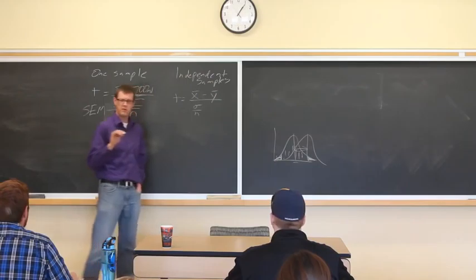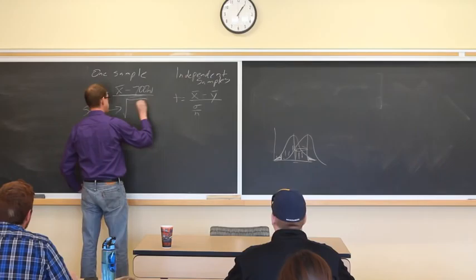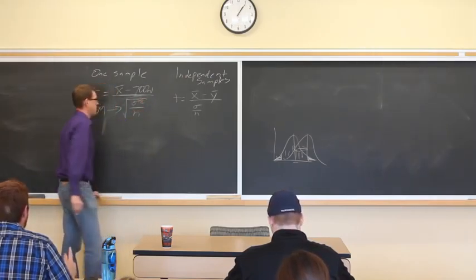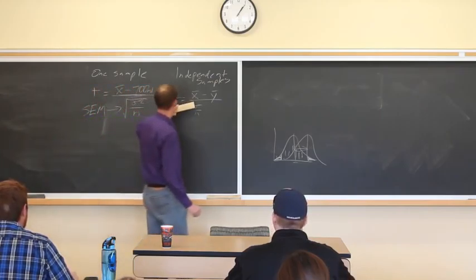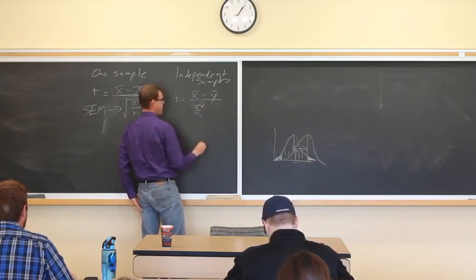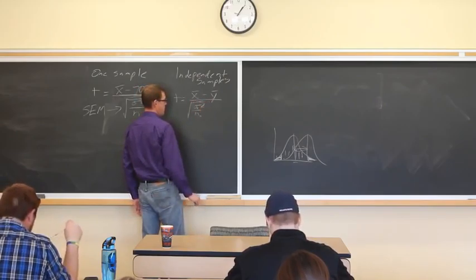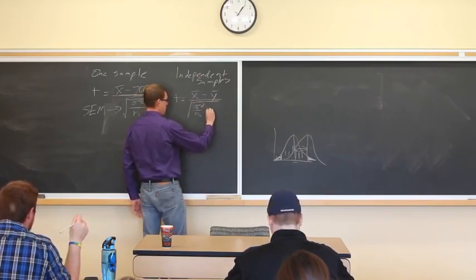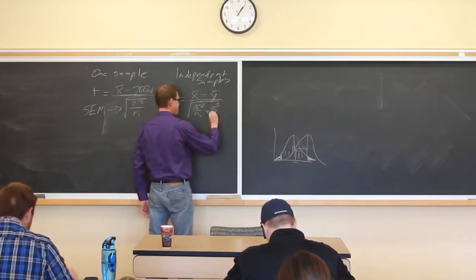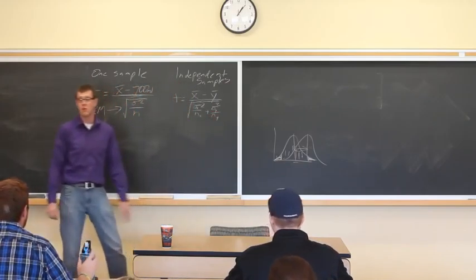Let me rewrite this the way it was originally stated: the standard deviation squared, the variance of x, over the n of x, all in a square root, plus the variance of y, the standard deviation of the second squared, over n, the number that we have for y.